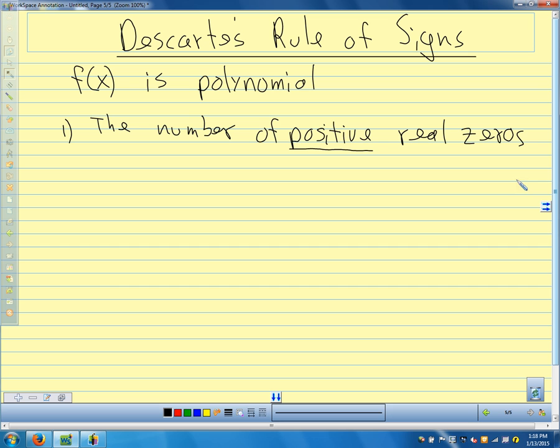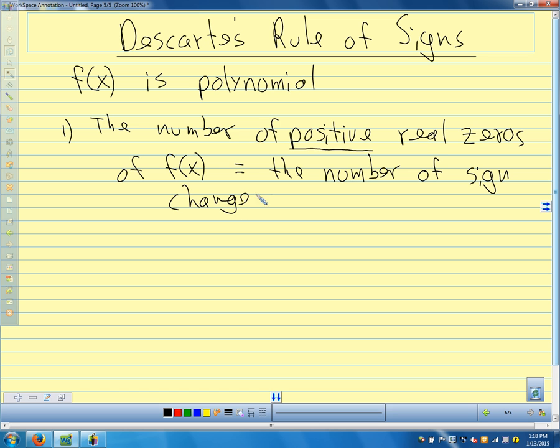The number of positive real zeros of f of x equals the number of sign changes in f, and we'll talk about what that means, or less by an even number.